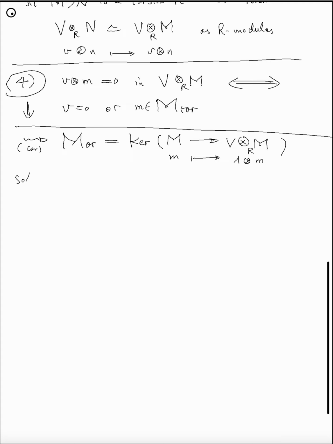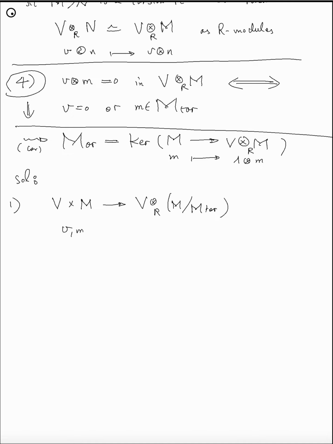Again, we have to start with a bilinear map from V product M to the target.